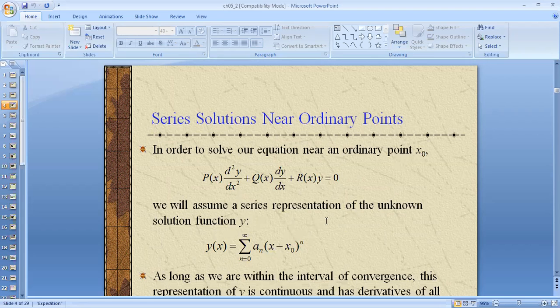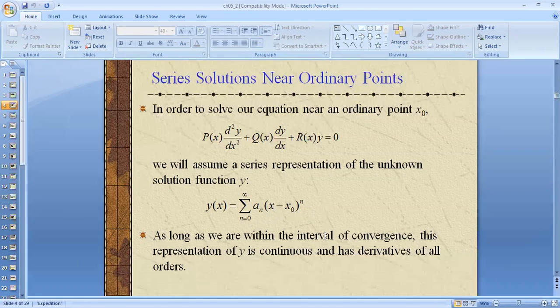We consider this as the solution of this homogeneous differential equation. As long as we are within the interval of convergence, this representation of y is continuous and has derivatives of all orders because it is analytic.